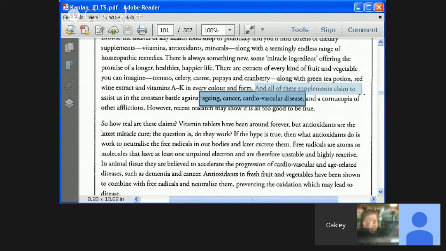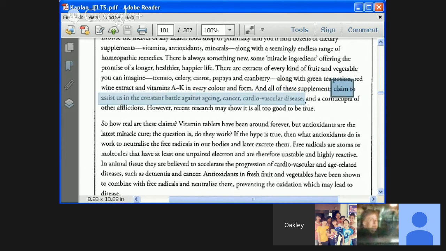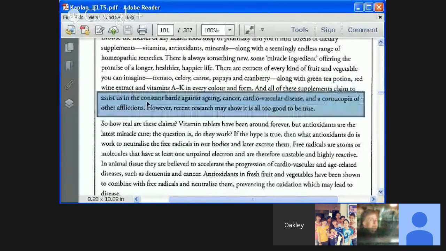All of these supplements claim to assist us in the constant battle with all these things. Just a claim. Yeah, that's the problem.